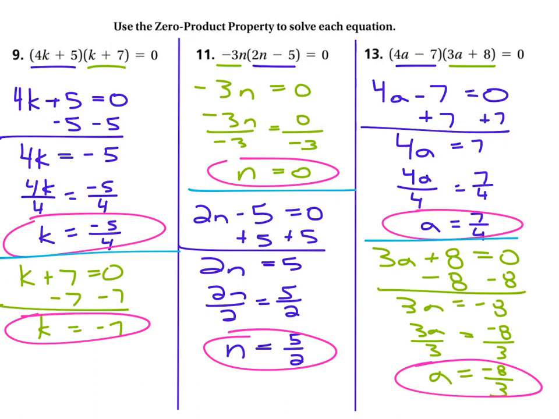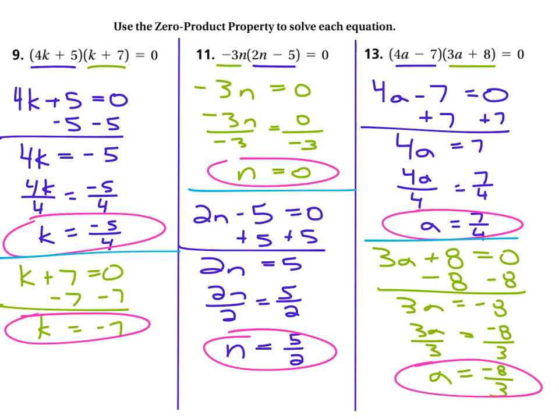Okay, so we could put in 7/4 in the first and the second place where we see a, or we can put negative 8/3 in the first and the second binomial where a is. But we can't plop one number in for a and then a different number in for a in a different spot. It's always got to be the same number.